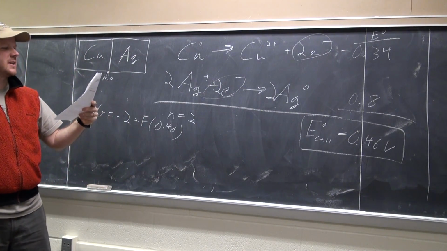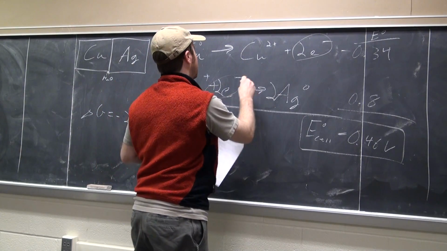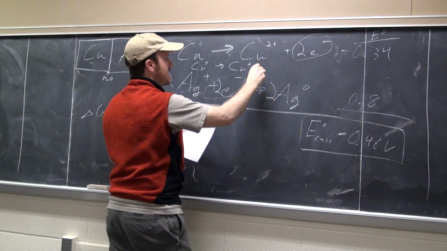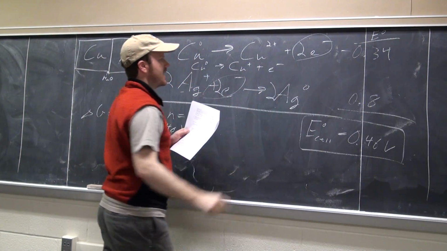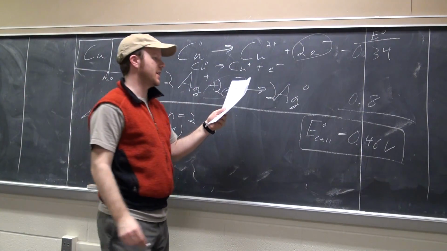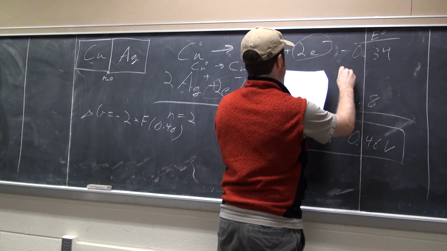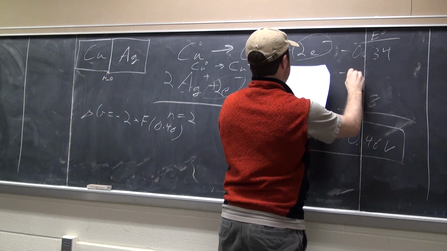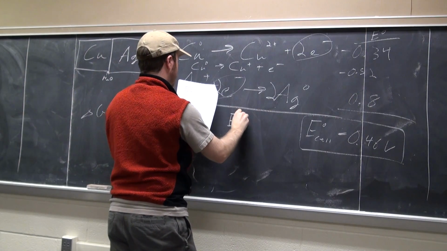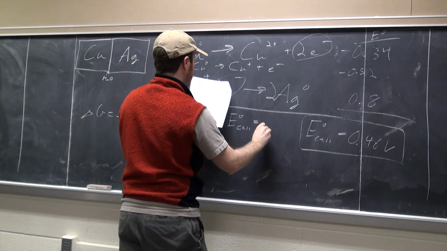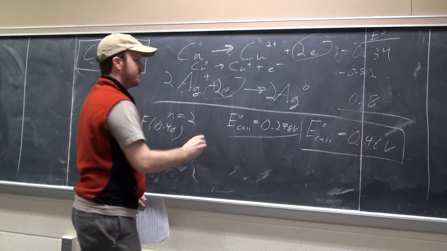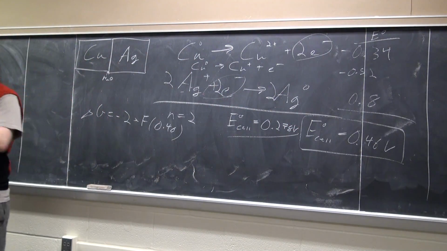So the answer for 1 electron oxidation, if you had copper going to Cu+ plus e-, so this is only taking 1 electron off copper rather than 2 electrons. The standard cell potential for that is negative 0.52. And so the E0 cell, according to Matt, is 0.278. I'll trust him. And so either of those were okay.